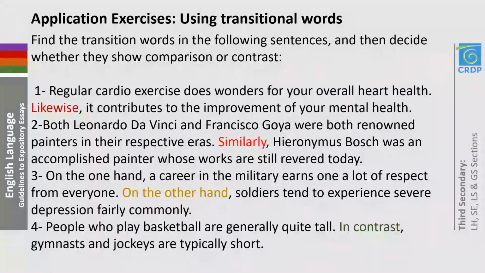Number three, on the one hand, a career in the military earns one a lot of respect from everyone. On the other hand, soldiers tend to experience severe depression fairly commonly. These two sentences are connected by on the other hand. So, on the other hand is the transitional phrase, and this shows contrast.